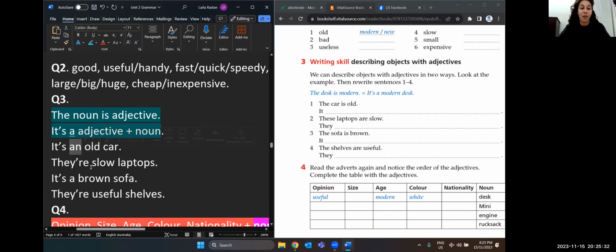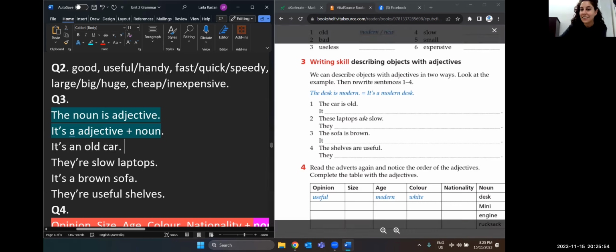So it's an old car. So I clearly separated all my words from my voice. So especially short words, that's where it happens very commonly, with little short words like at, in, an, you know. So it's an old car. Good.